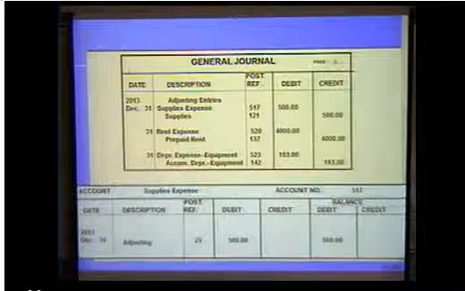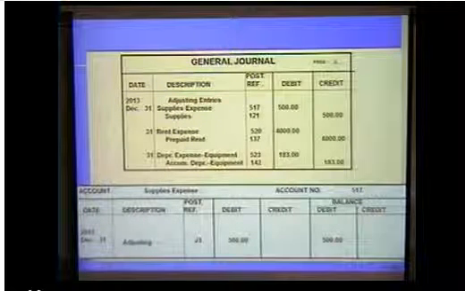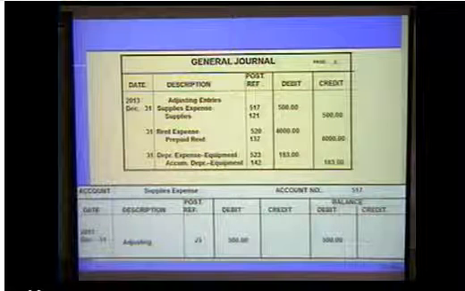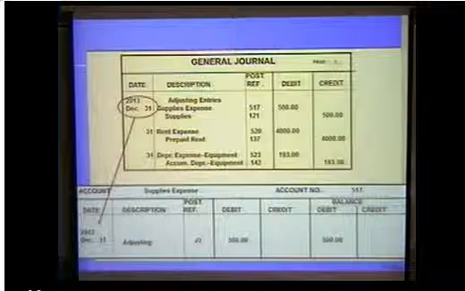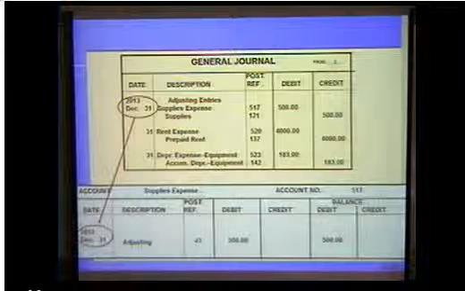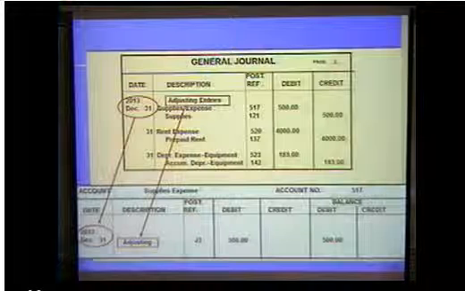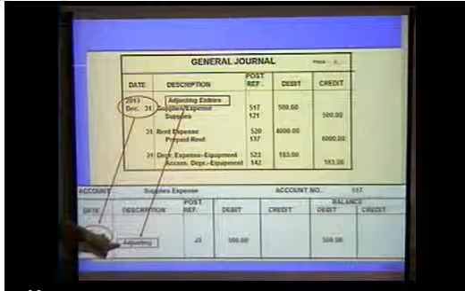So that makes them correct. We have updated them, and now everything should be correct. Okay. And are we posting it? Put the date in. What do we do next? Write the word adjusting. Now, this is the only time in any of the accounts in your ledger that you need to write it. You just write the word adjusting to show that this is an adjusting entry.